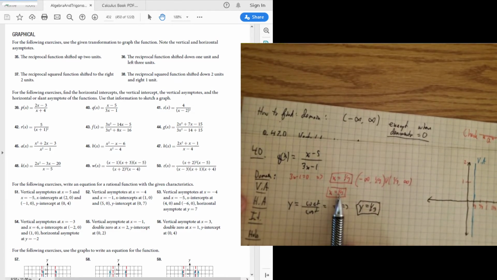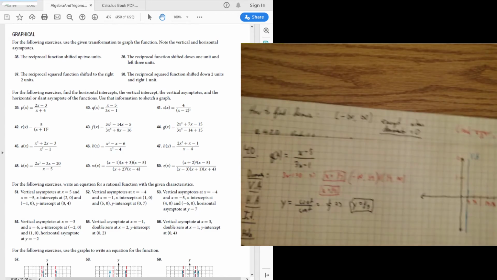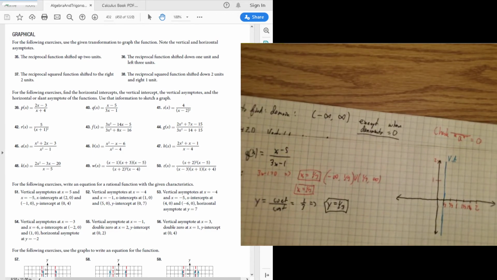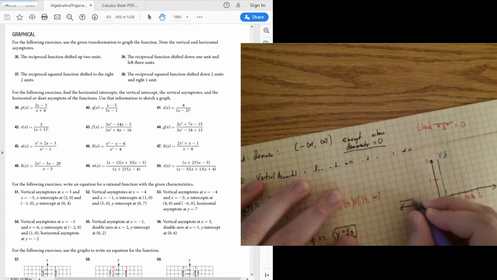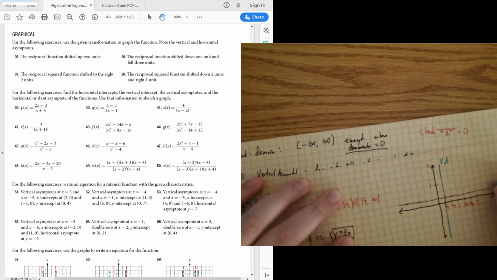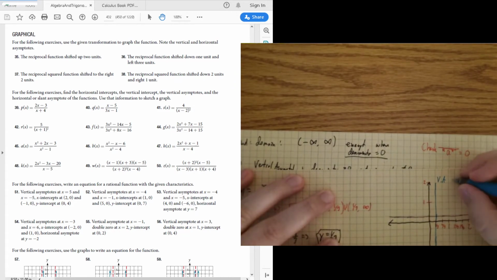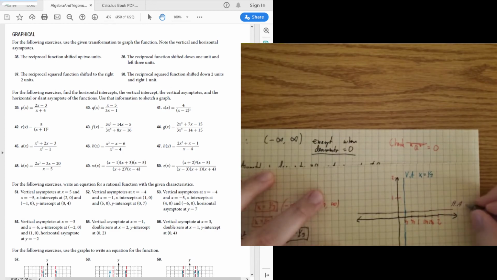This is when x equals 1/3, this is when y equals 1/3. And these occur in different places. So the y equals 1/3 is actually right here. This is my horizontal asymptote. So my vertical asymptote occurred when x equals 1/3. My horizontal asymptote occurred when y equals 1/3.